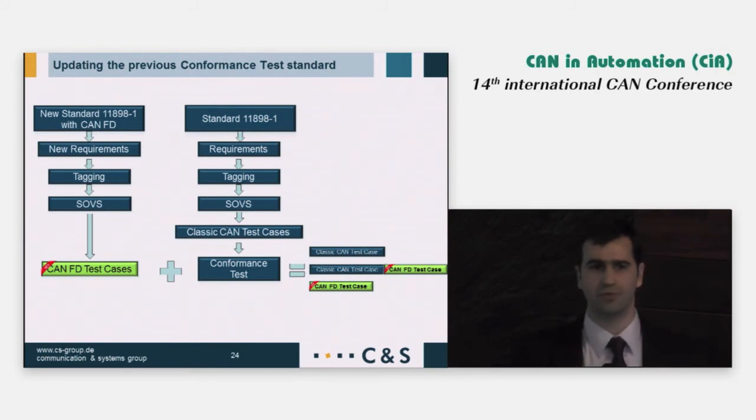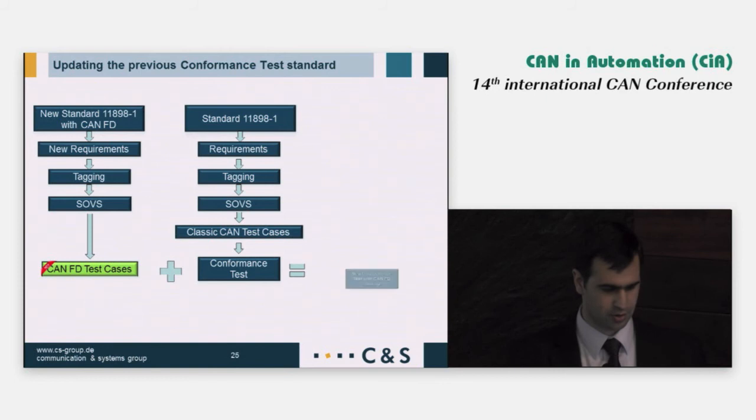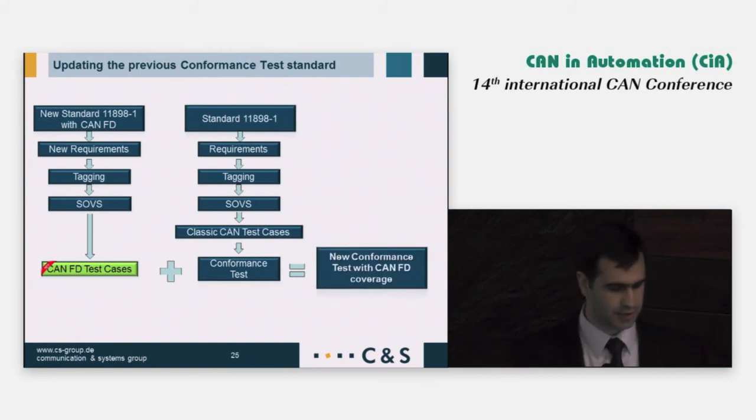When a new functionality is there, then a new test case was created, as we see here. And there are also some old or previous classic CAN test cases that were actually left as they were, no modifications. Then, after this, the new conformance test with CAN-FT coverage is there.